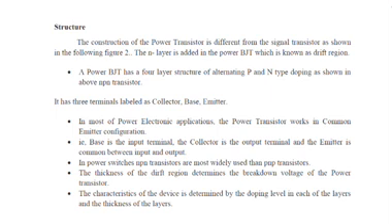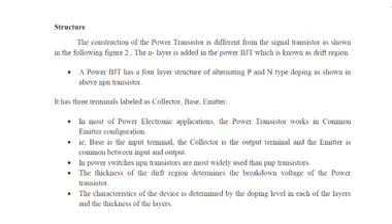Here, the construction of the power transistor is entirely different from the signal transistor. The power BJT has a 4-layer structure of alternating P and N type doping, and it has 3 terminals labeled collector, base and emitter.